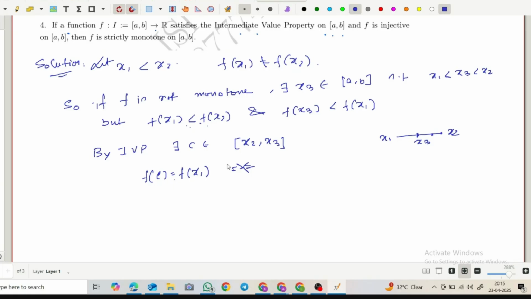Yes, but injectivity is given there. So you are right, actually. I think I need to write a step further. So C equals x1, right? Yeah, it is violating that C equals x1, not f(C) equals f(x1). Yeah, you're correct.